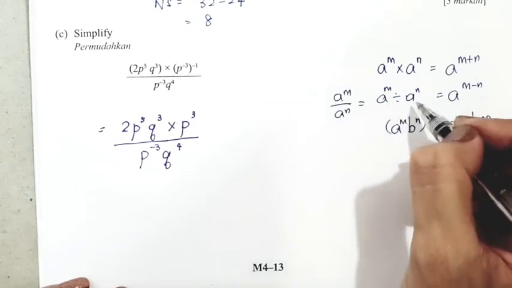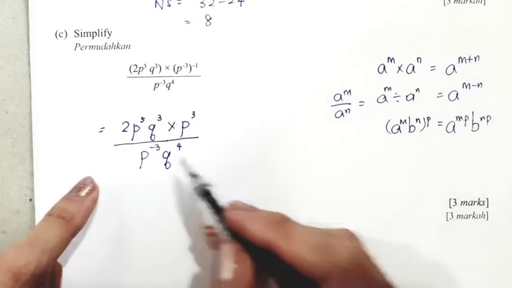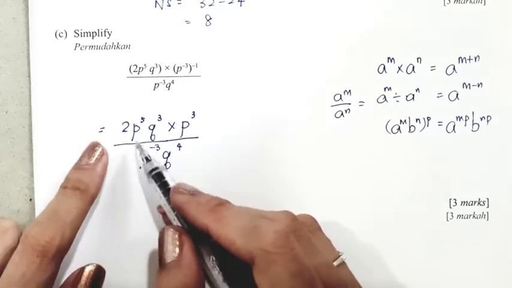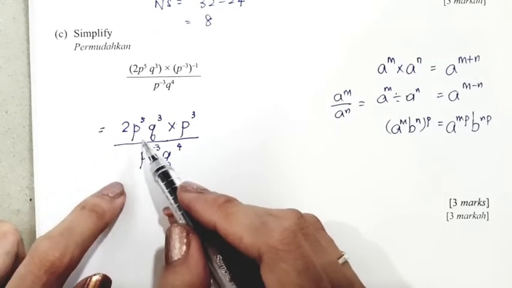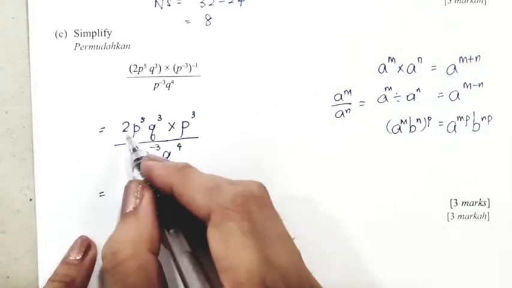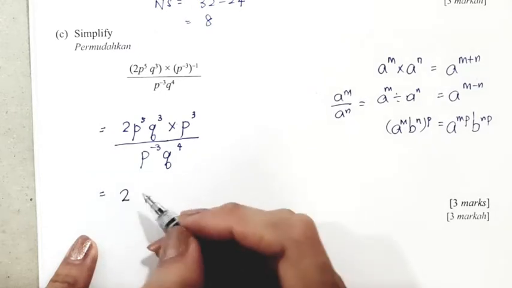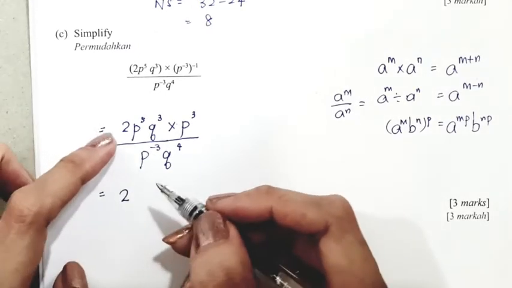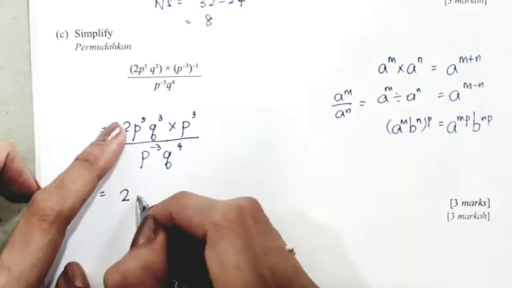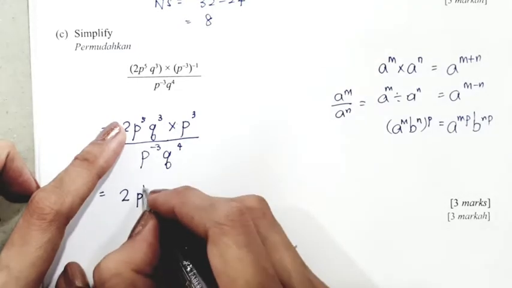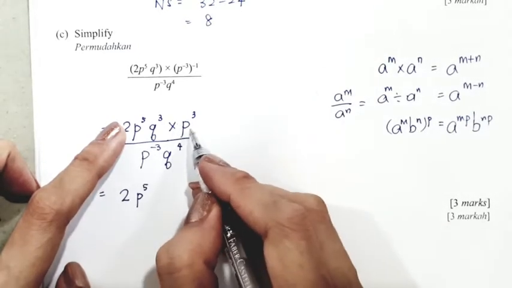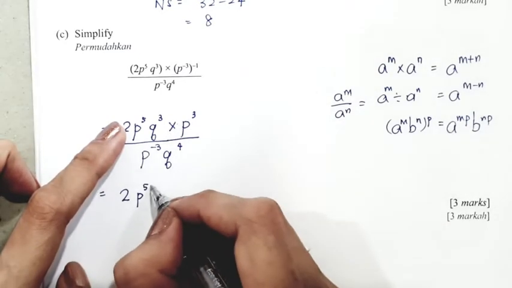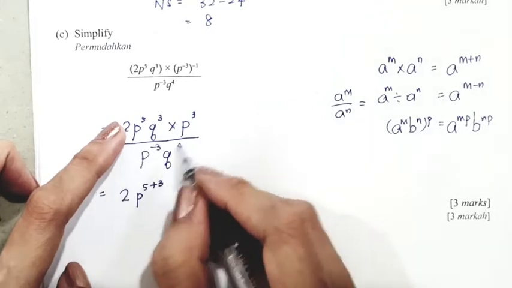Which means this. So in this case, we know that we can take the index for the same base and we can minus them. The 2, just leave it alone, number with number, the same variable with the same variable. For the p over here, I have p raised to the power of 5. Over here, we have another p, so multiply. That means we need to plus the index. And down there, we have another p.